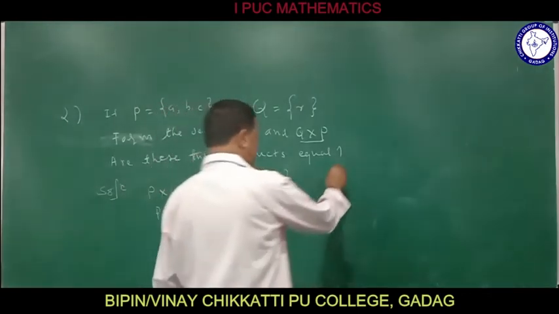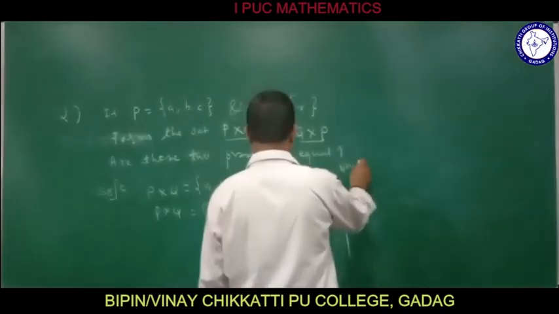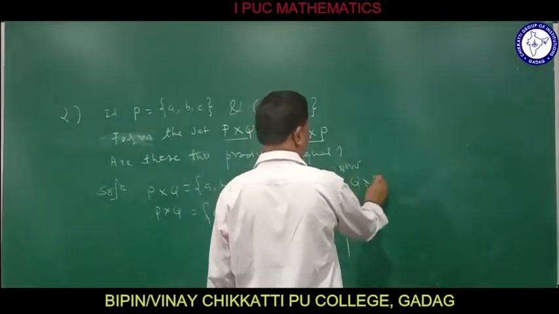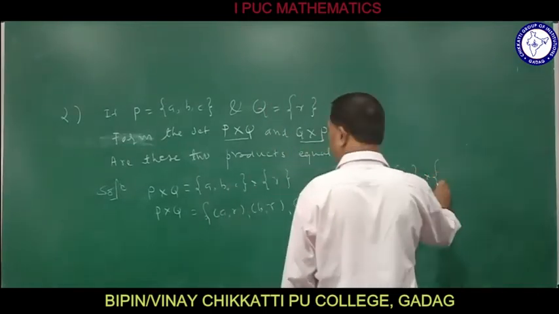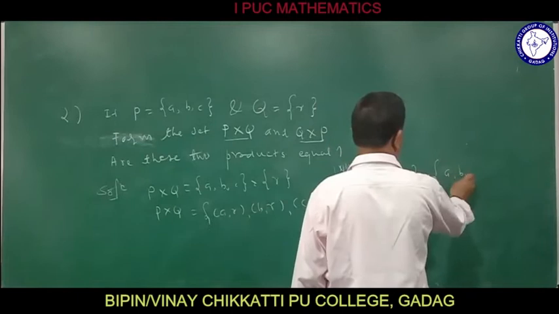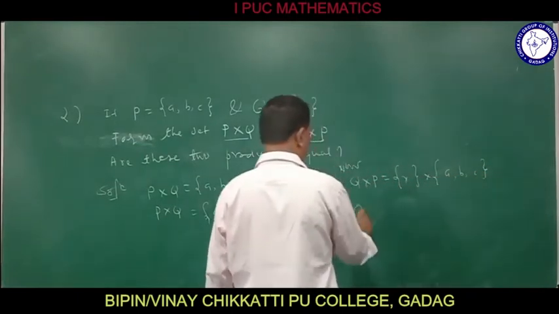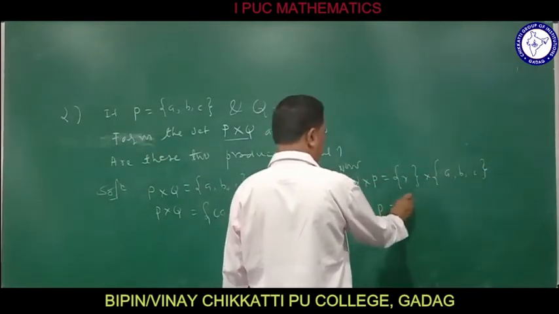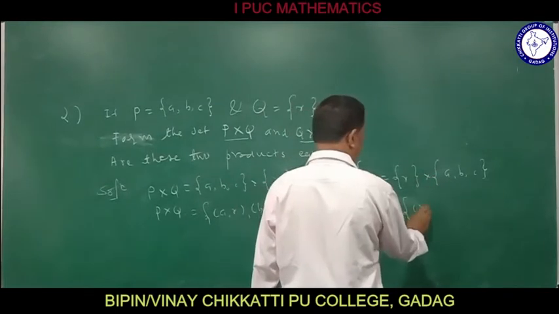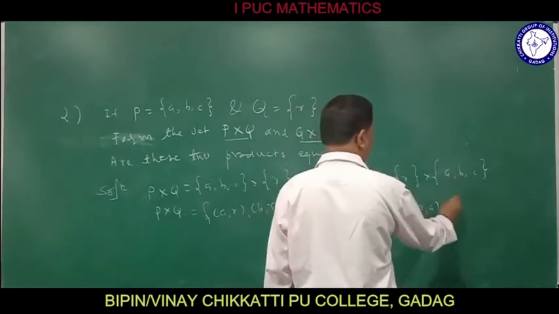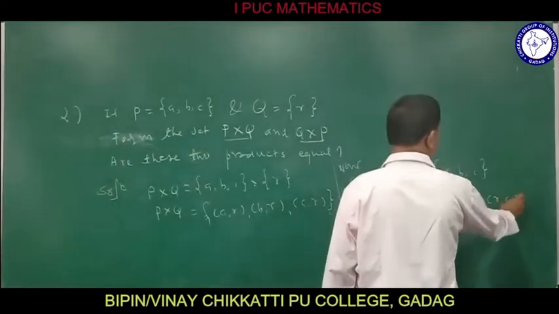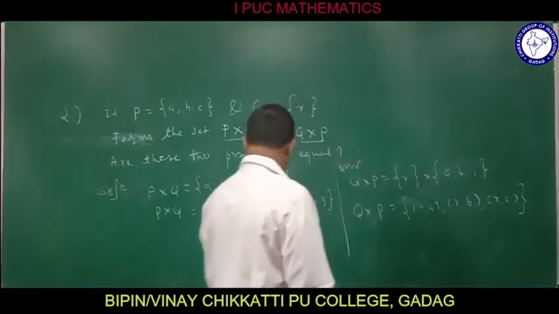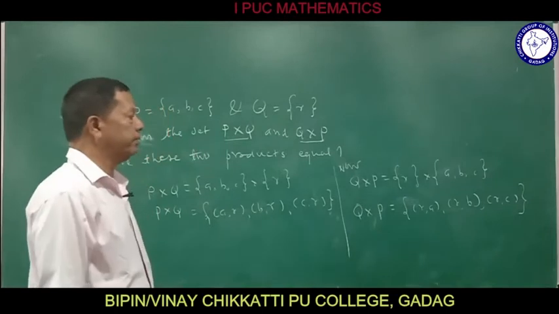Now I want to find out Q cross P. Q means R, into P means A, B, C. Now Q cross P is equal to R A, R B, next R C. So here you understand whether both are equal or not.